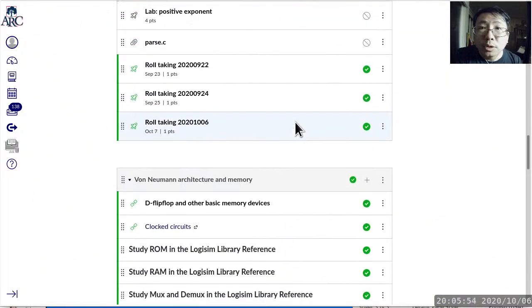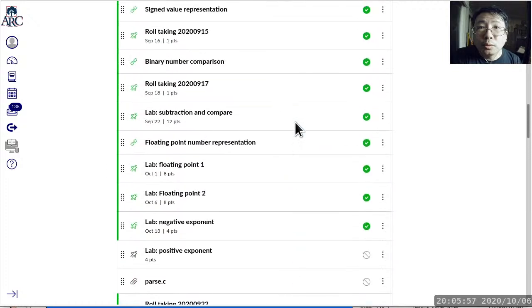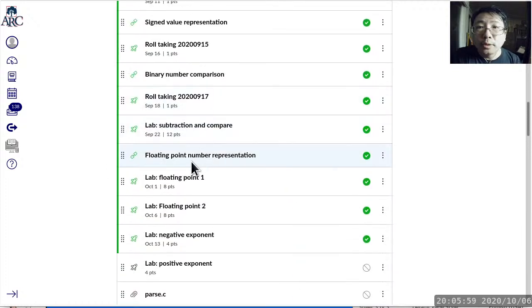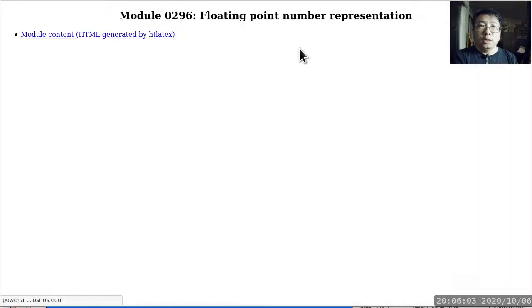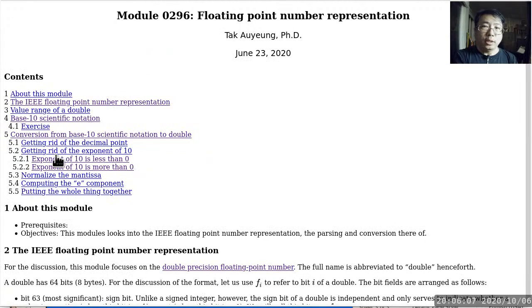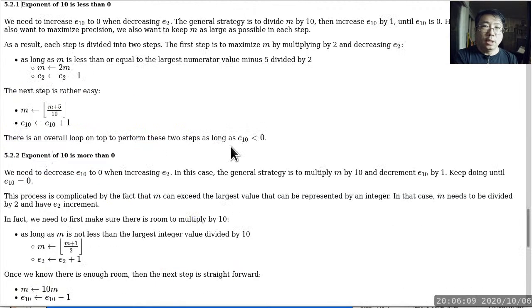We go to floating point number representation, this particular module. And you want to go to, I think, 5.2.1. Yep, there we go. This is going to give you a clue of what to do.